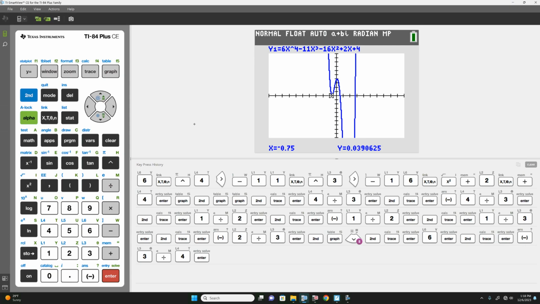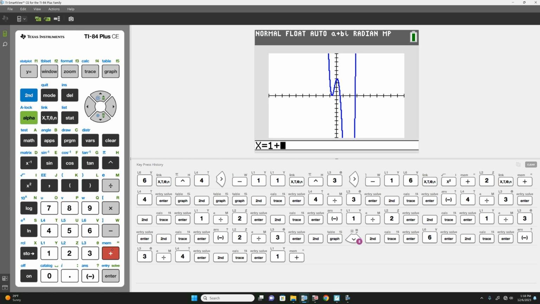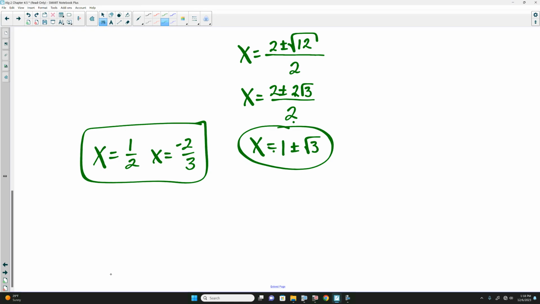Now in the graphing calculator, we can go second trace value 1 plus second square root 3. And it gives us this here. Now the 7.8 e to the negative 12, for all intents and purposes, is just saying that we have 7.8 times 10 to the negative 12.